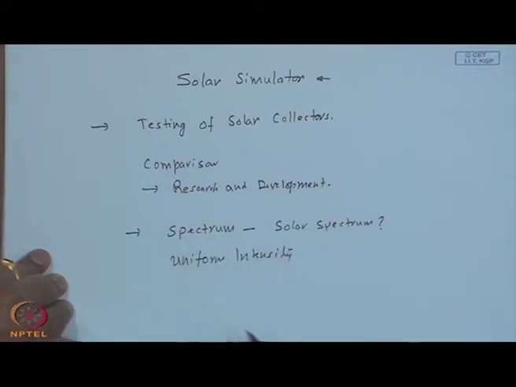After all, though the sun is at a large distance from the earth, the size also is pretty large, and the intensity of the solar radiation on the collector can be expected to be uniform. Whereas, if you have a solar simulator, depending upon the distance from which you keep the solar collector and the simulator, you may have a difference in the intensity on the collector surface.